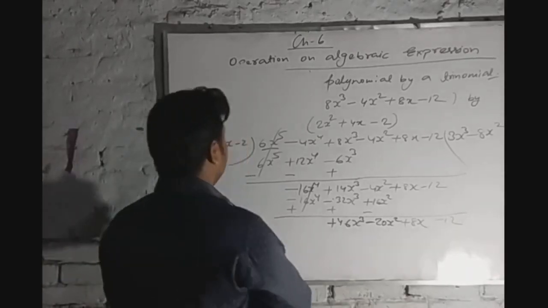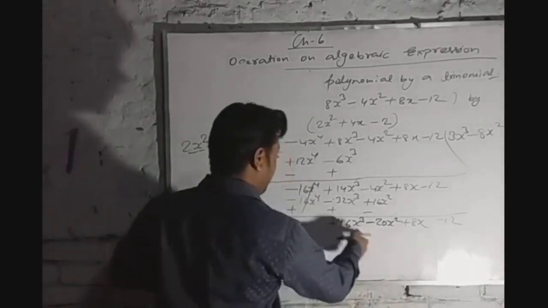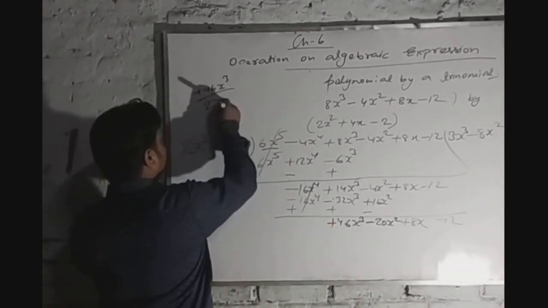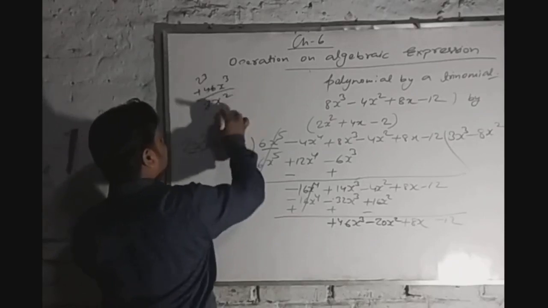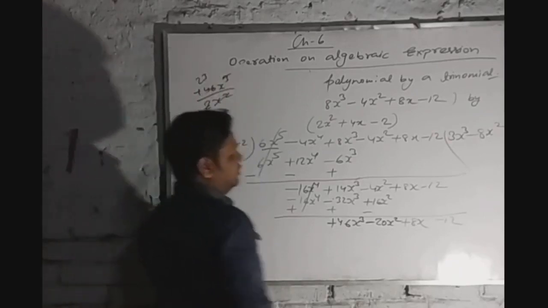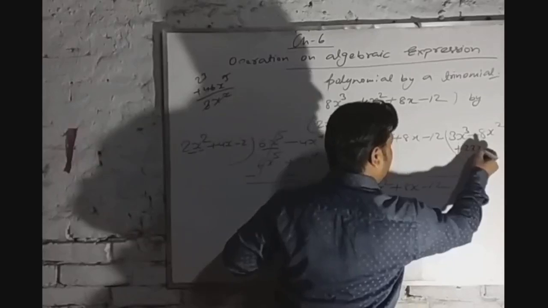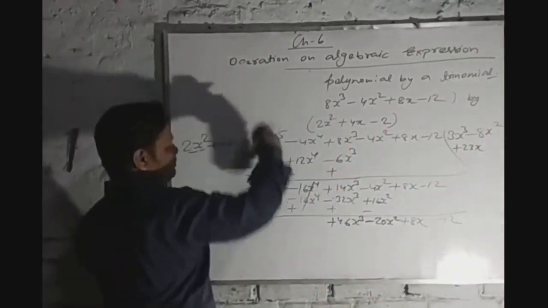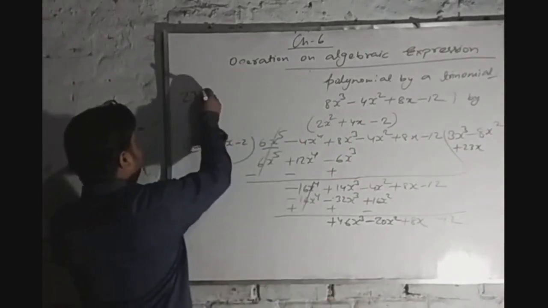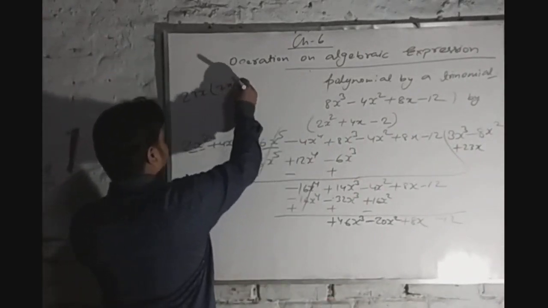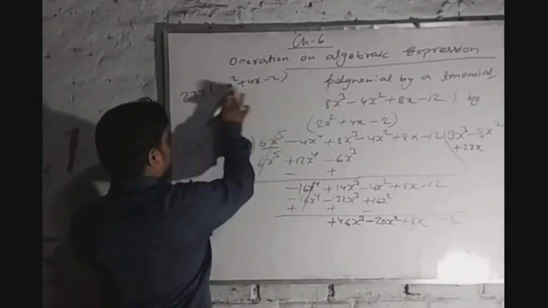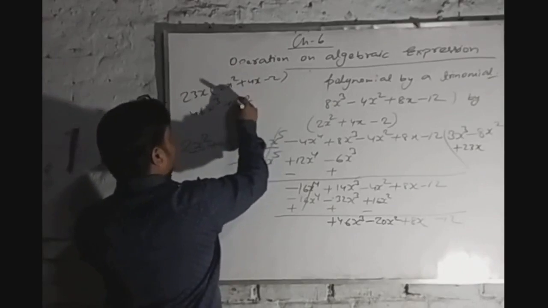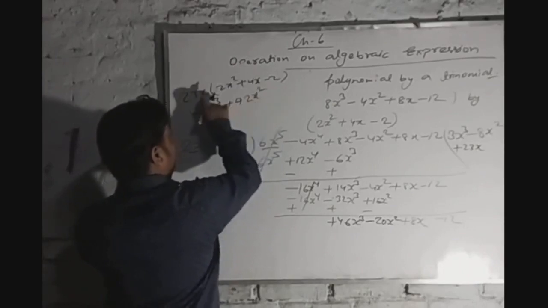So let's see again. For plus 46x cube by 2x square, 2 23 and x square only, x, 23x only is left. So here we will add 23x. Now multiply this 23x with each term: 23x, then 2x square plus 4x minus 2. It will be 46x cube plus 23 4 is 92x square, x square.